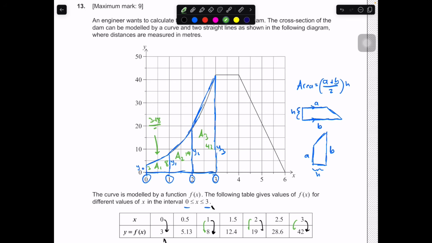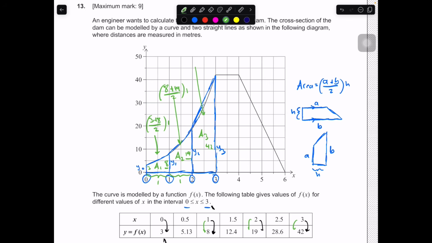3 plus 8 over 2 times the height, which is just equal to 1. And then this, of course, is going to be 8 plus 19 over 2 times the height of 1 again.